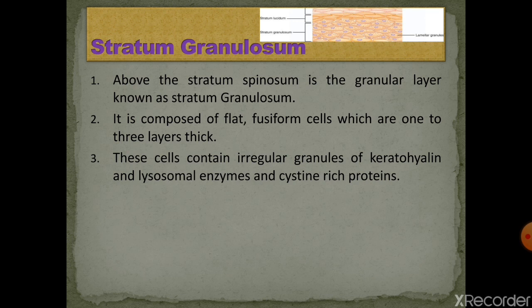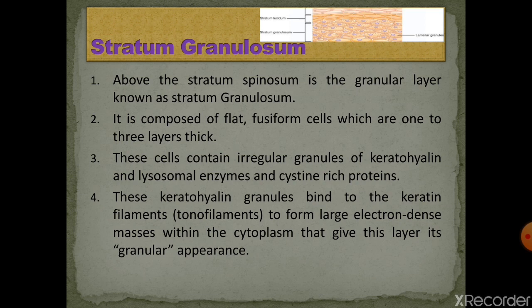It means these cells contain some granules, and these granules have the keratohyalin, lysosomal enzymes and proteins, and these keratohyalin granules bind to the keratin filaments, that is tonofilaments, to form large electron dense masses within the cytoplasm that give this layer its granular appearance.